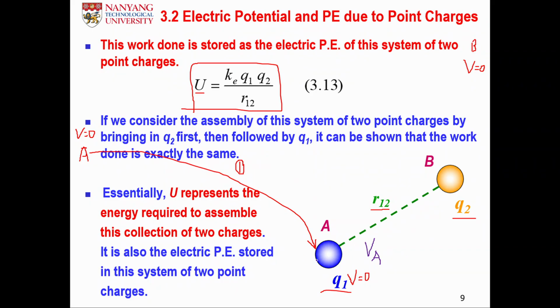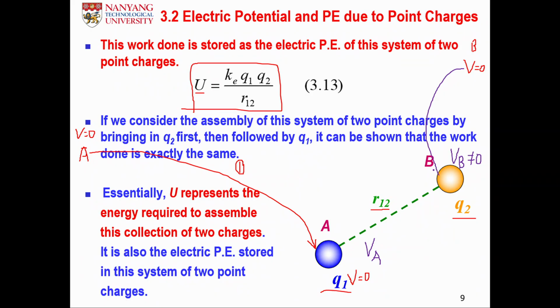Because now you already have a single point charge, so in the space there will be an electrical potential. So once you have this charge here, then at this point VB is not going to be 0. It's going to be a finite potential.